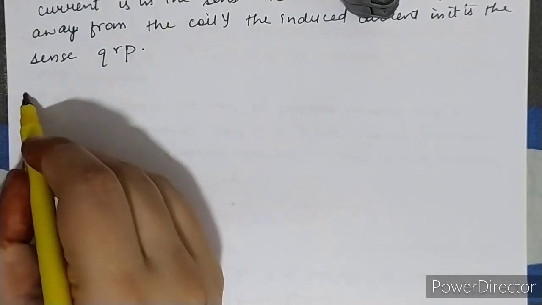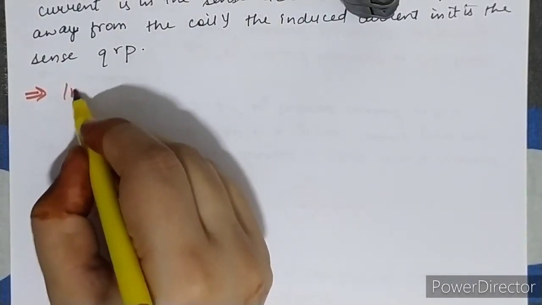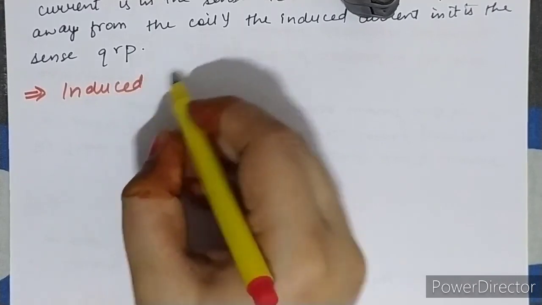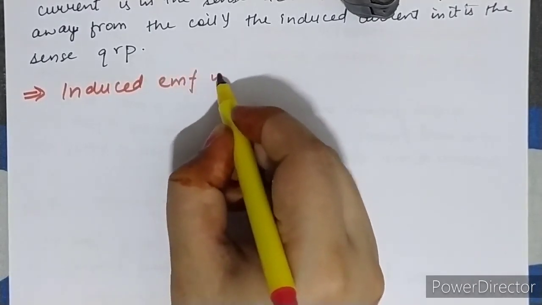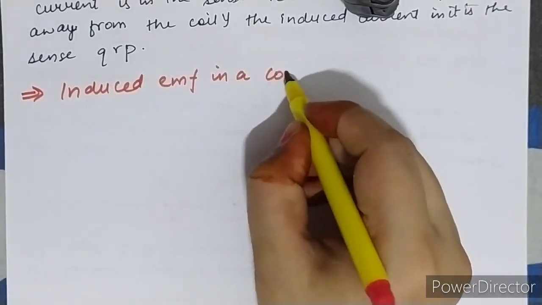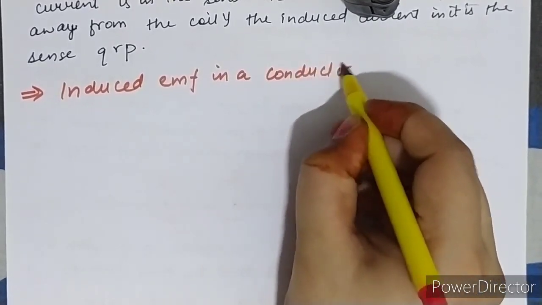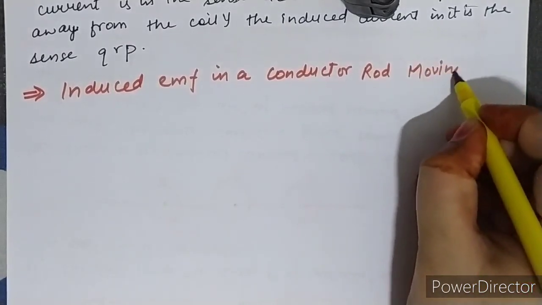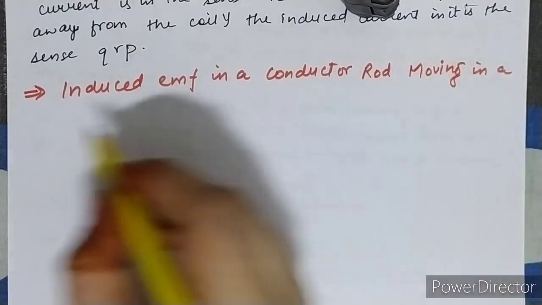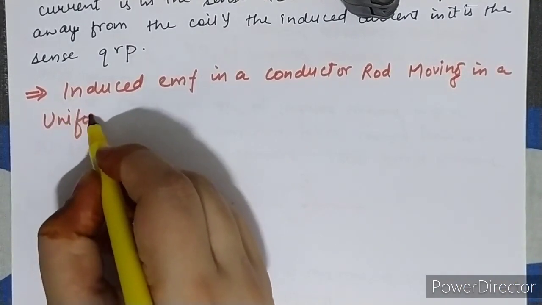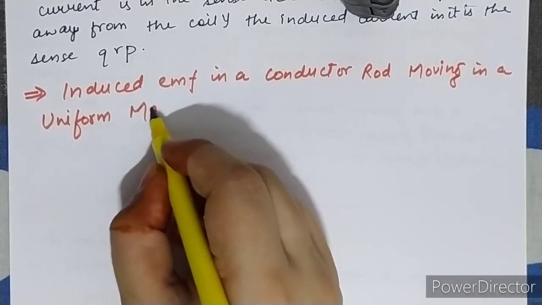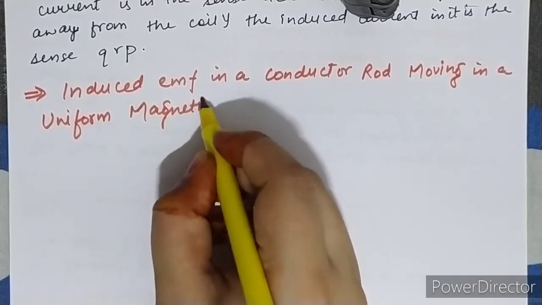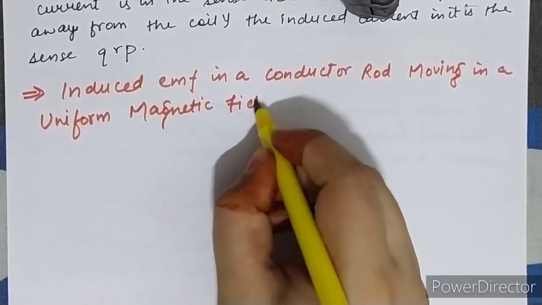Okay. Now we are moving toward the next topic, and the next topic is induced EMF in a conductor rod moving in a uniform magnetic field.